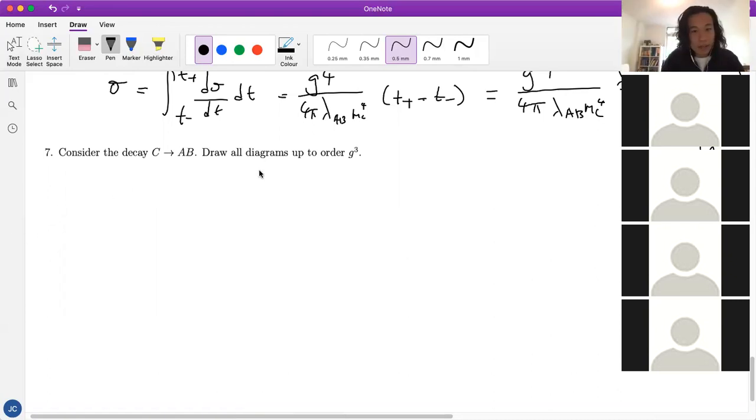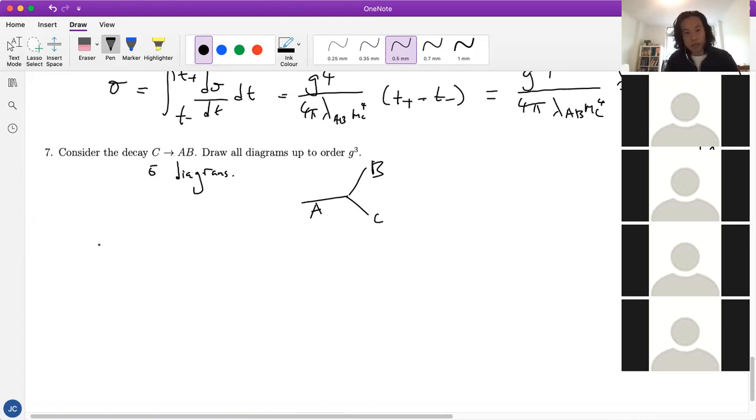Okay, so here we want to draw all the diagrams, and there are in total 5 of them. For decay on the tree level, because we only have one vertex to work with, we only have ABC like this. So on the tree level, we only have one way of doing a 1 to 2 decay.